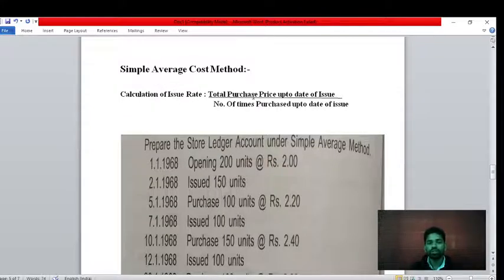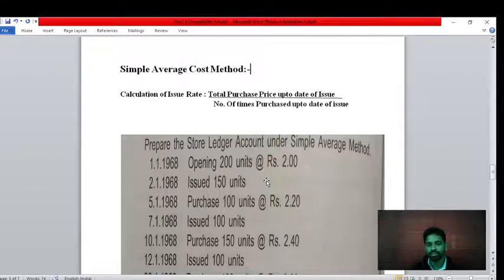So the total purchase price up to date of issue. For example, this is the opening balance, this is the first purchase at rupees 2, and next 150 units are issued. For that we have to ascertain the issue rate.